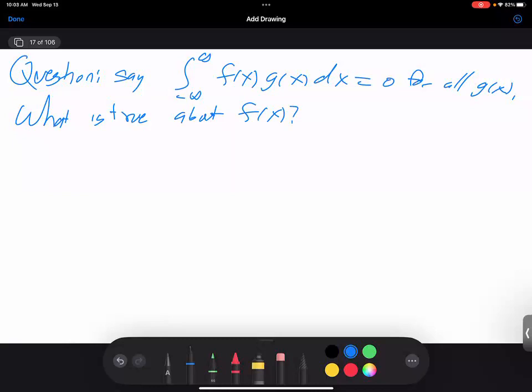Yeah, always default be the smartass. Well, what if I just take the function that's identical to 0? So we know f of x equals 0 works. Any conjectures?